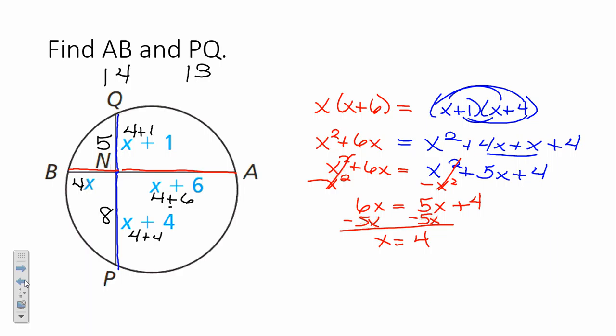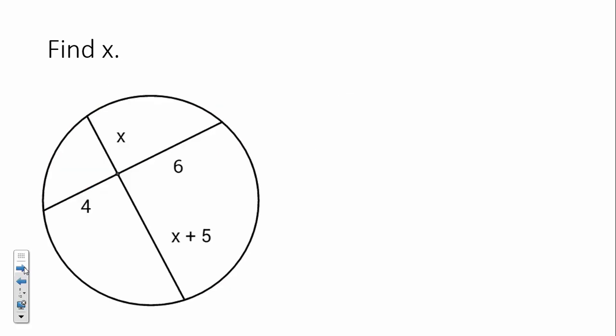All right, one more example of this type. Now we want to find x again. Okay? So again, they're meeting inside. They're intersecting inside. So the part of one of the chords times the other part equals the first part of the second chord times the other segment. Okay? So, William, can you give me an equation for this one? x squared plus 5x, right?